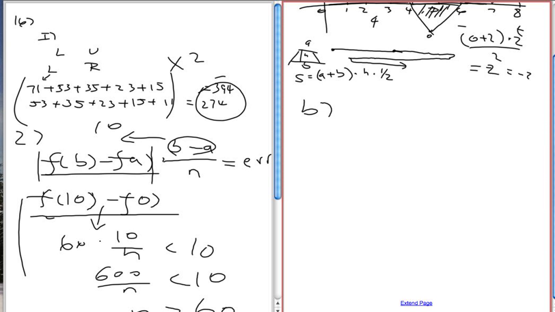Alright, so how about question B? At what time does the car change direction? Explain briefly. So we have to think about this. When did it change direction? It's only when the velocity changes from positive to negative, or from negative to positive. So when t equals 4, look at your graph again. We see the velocity is changing from positive to negative.